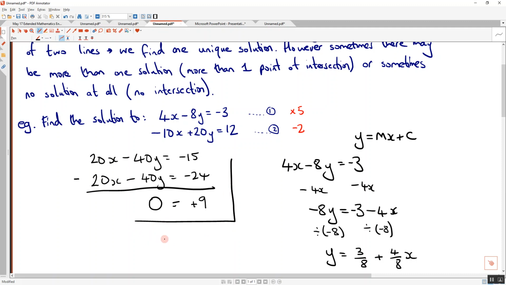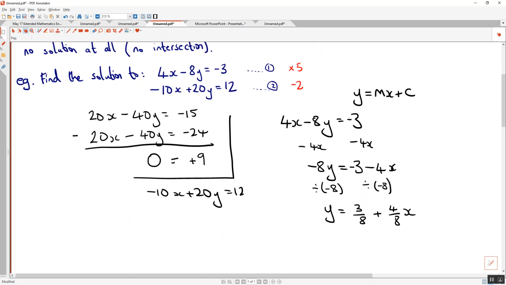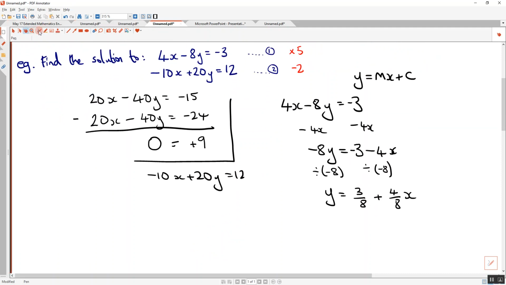So I've got -10x plus 20y equals 12. If I move this down a little bit, I'll add 10x to both sides. I end up with 20y equals 12 plus 10x.